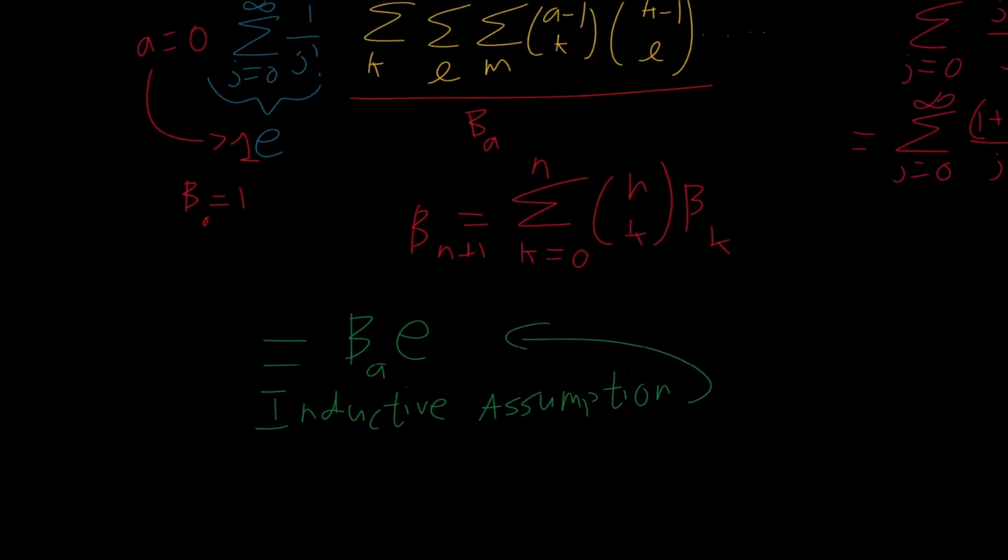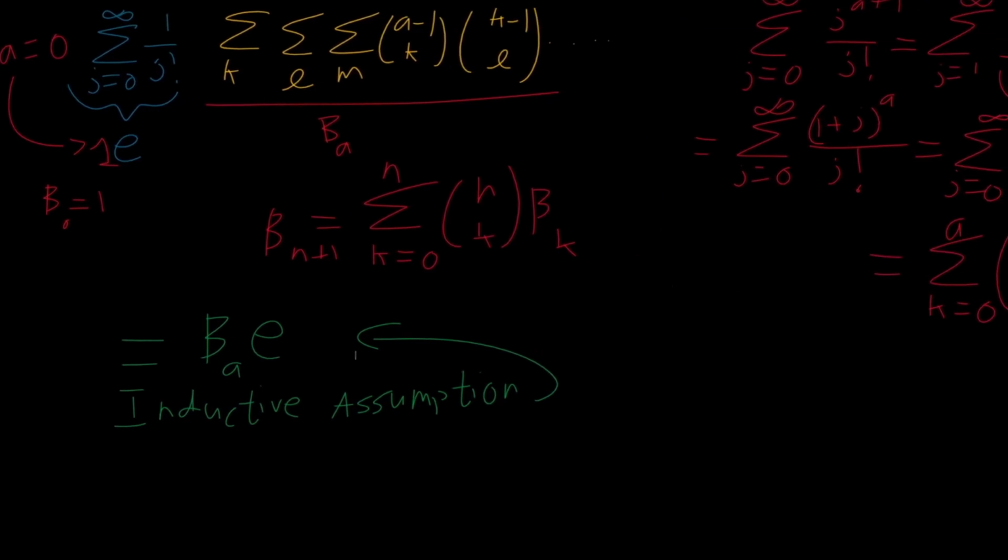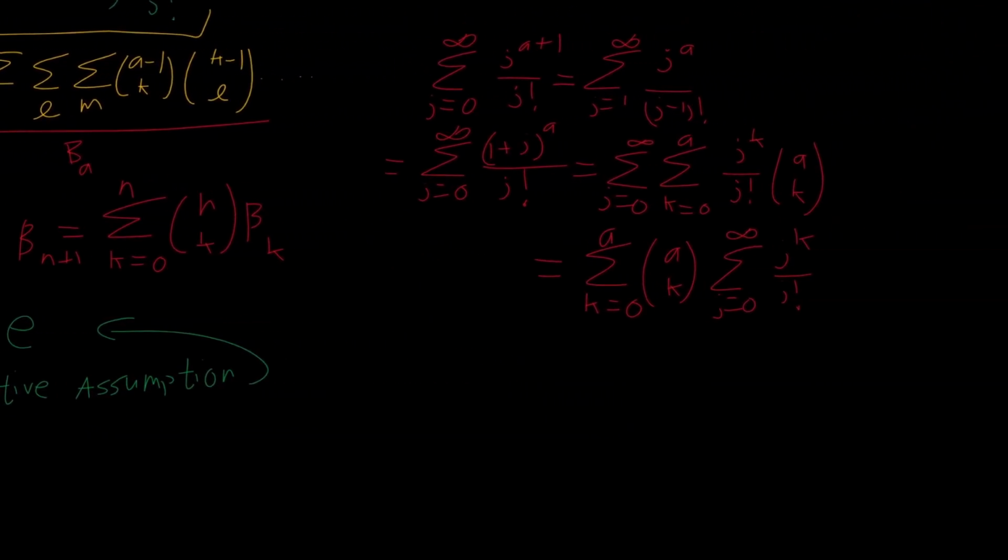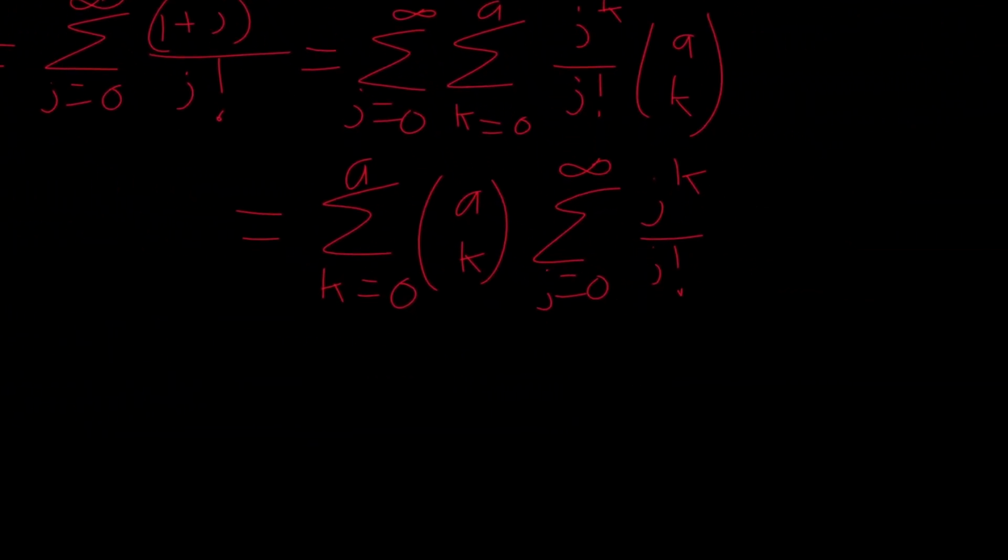That's our inductive assumption, that our sum is just equal to that. And what we see here is that this sum right here is just e times B_a, or in this case, it'd be B_k.